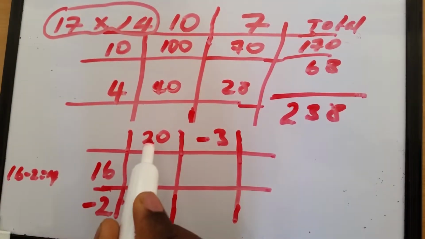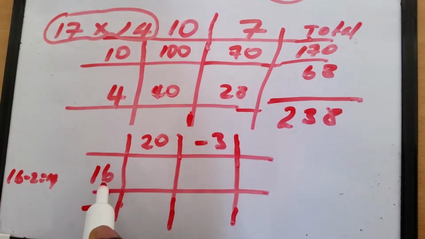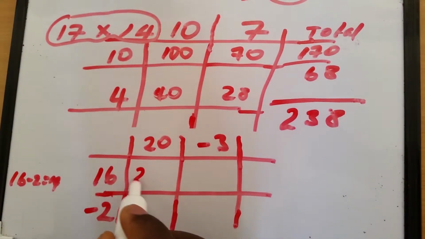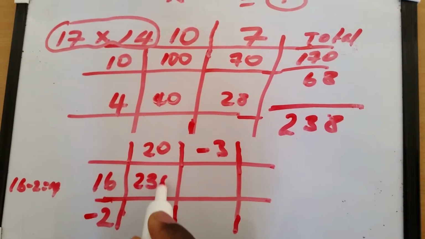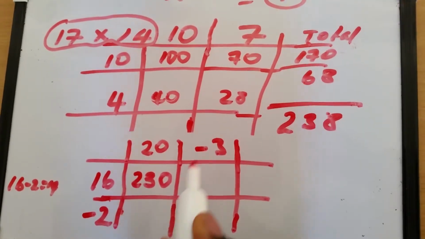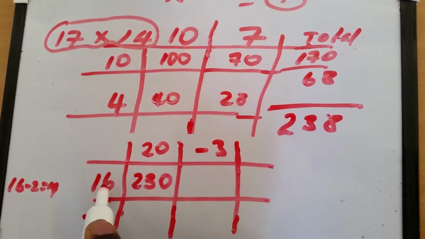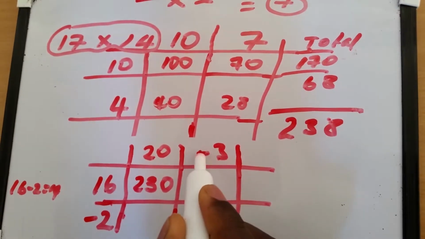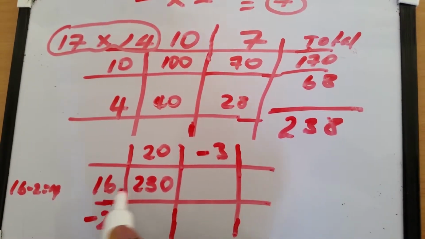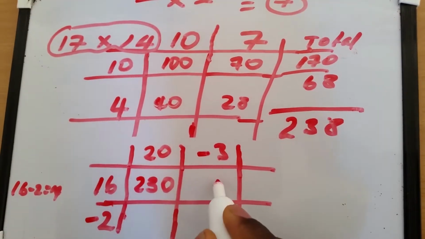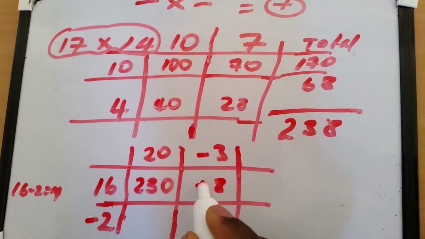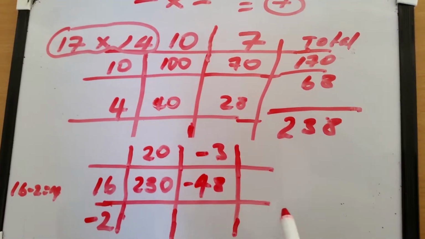Now when I do 20 times 16, that gives me 230. And 16 times minus 3 would give me minus 48.